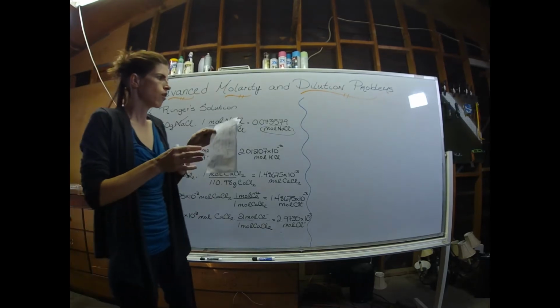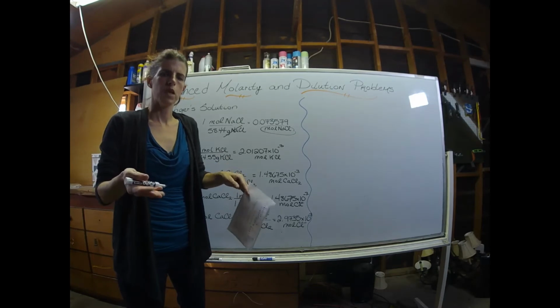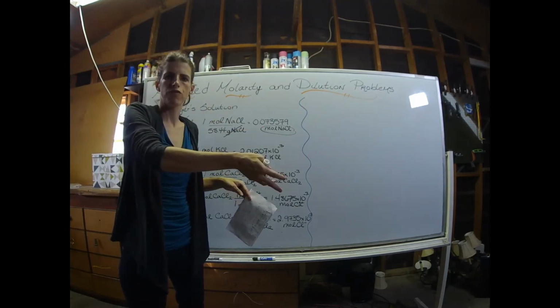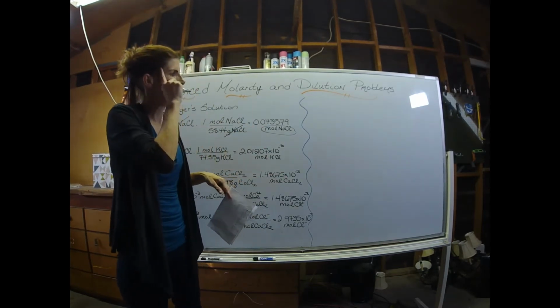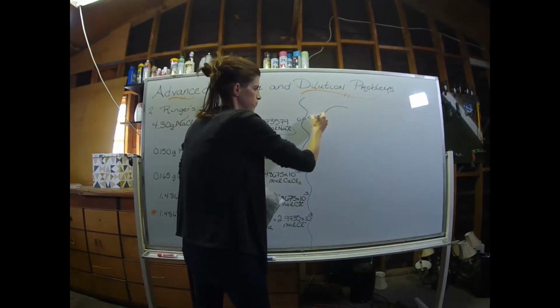However, the ratio of sodium to chloride in this compound is 1:1. So I could set up more conversion factors using this formula, or I could just think. Here's my thought bubble.